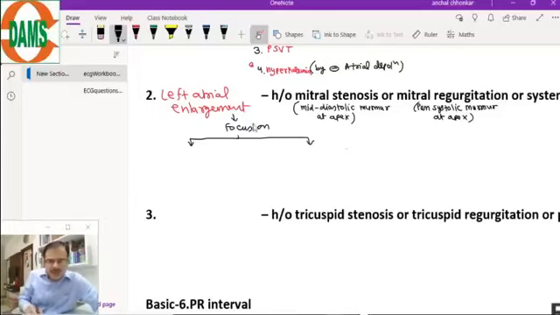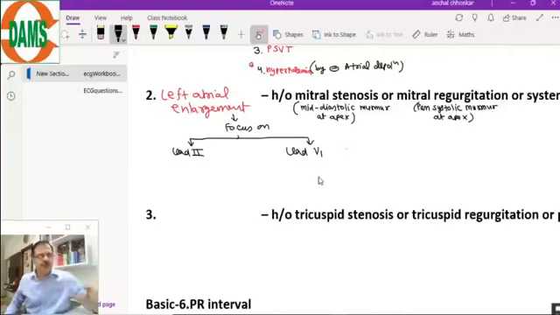Now coming to left atrial enlargement, you are thinking, so focus on lead 2 or focus on lead V1. Just look at these two leads only. In the 12 lead ECG, focus on lead 2.